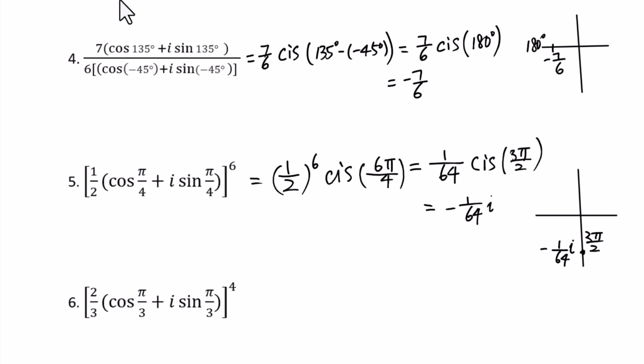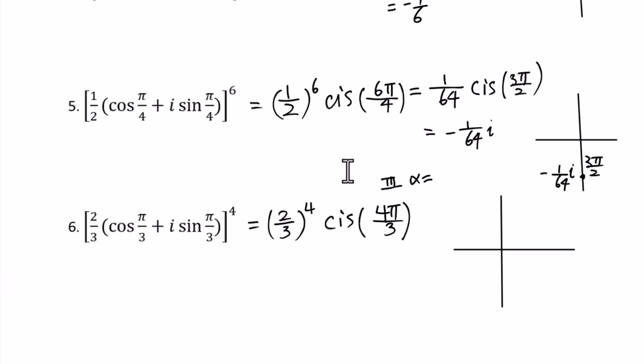Let's go to question 6. 2 over 3 to the power of 4, CIS of 4 pi over 3. Let's sketch the Argand plane.